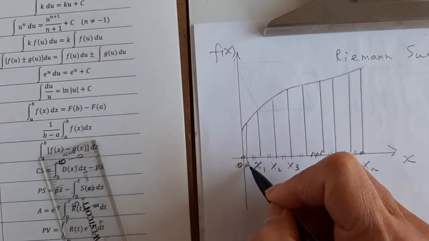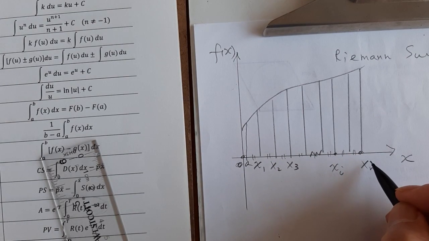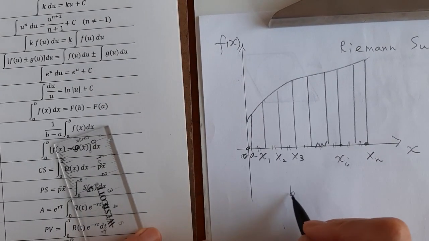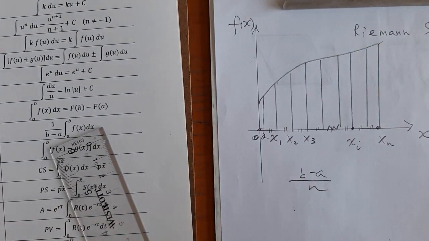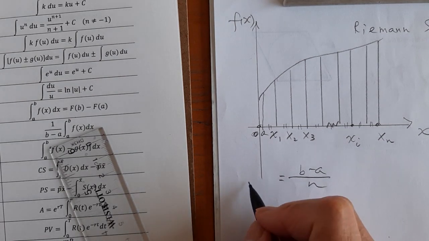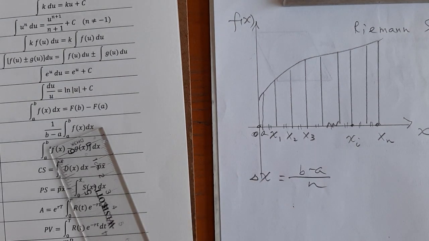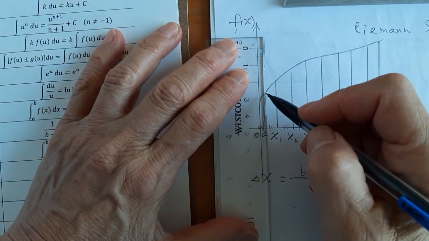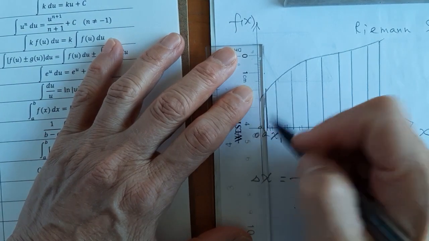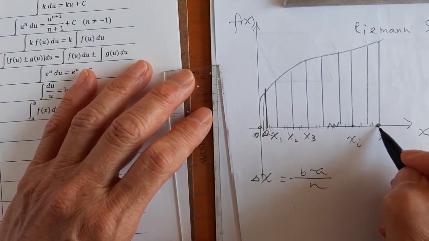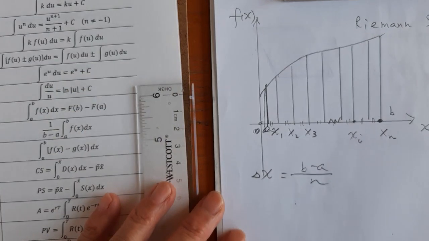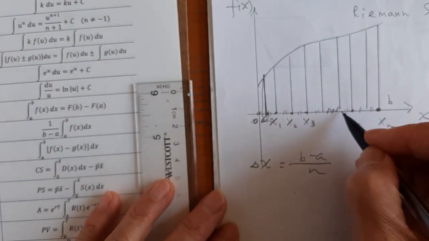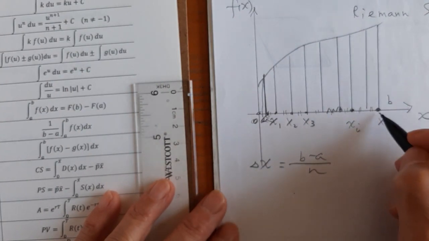If I say this is a and this is b, between a and b you divide it into n intervals. Each interval we call delta x. So from a to b, this is the a point, this is the last one, b, and you divide it into subintervals x1, x2, x3, until xi, until xn.